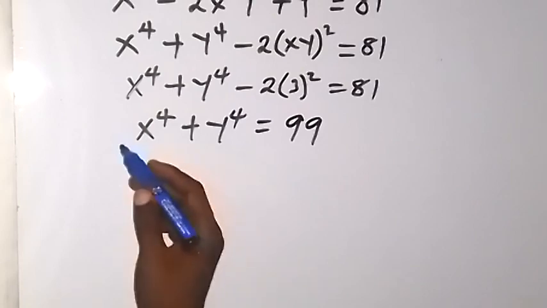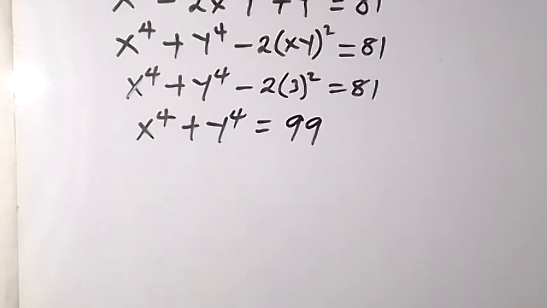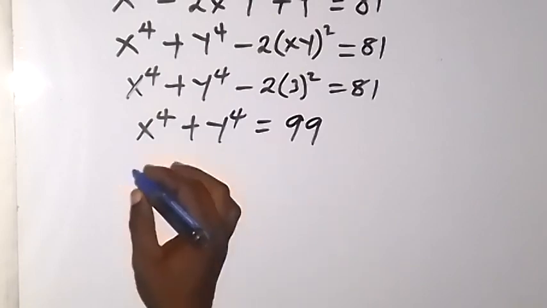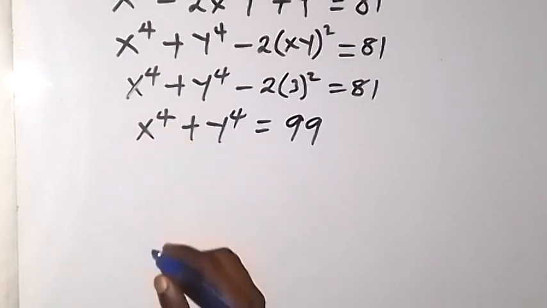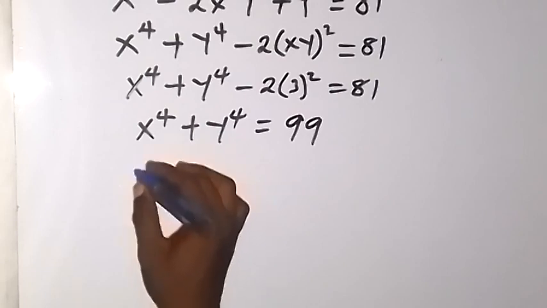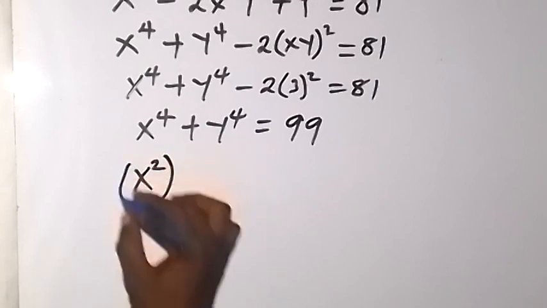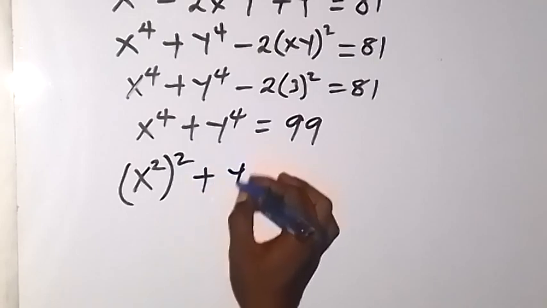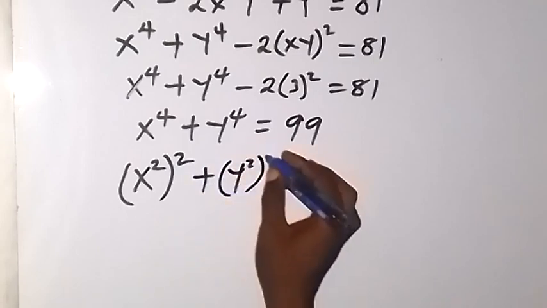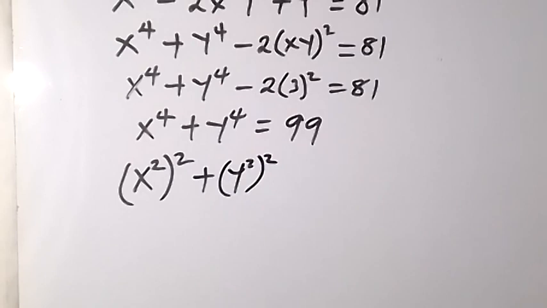And let me work with this now on this side. Of course, we can write the left hand side again as (x squared) all squared, from law of indices, 2 times 2 is 4, then plus (y squared) all squared. Of course this is 99, but there's an identity that I want us to work with.